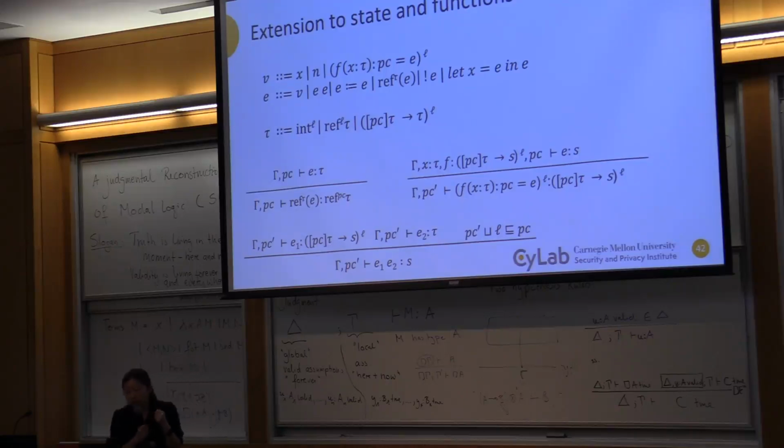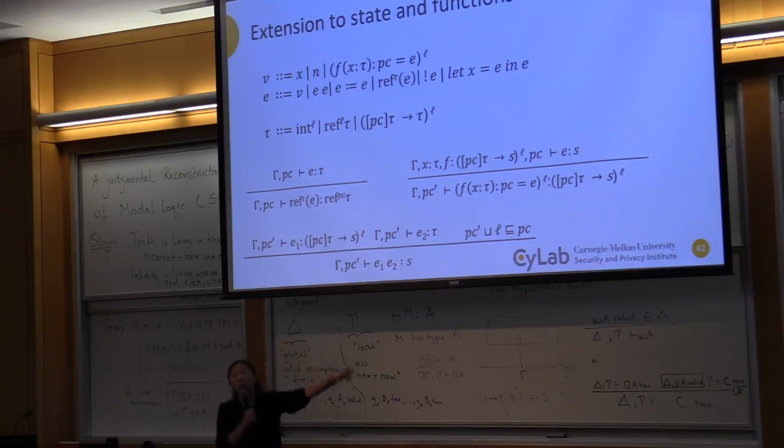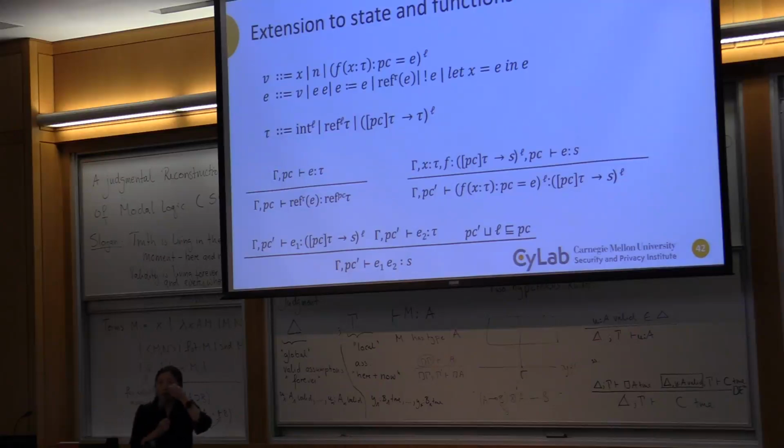If I'm running in a low context, the function is going to do a bunch of assignments to low variables. So if I'm calling the function in a context that does not allow me to assign low variables, that's not going to work out. Therefore, I'm going to enforce the constraint that the current PC needs to be lower or equal to the PC the function specifies. So that's one constraint.